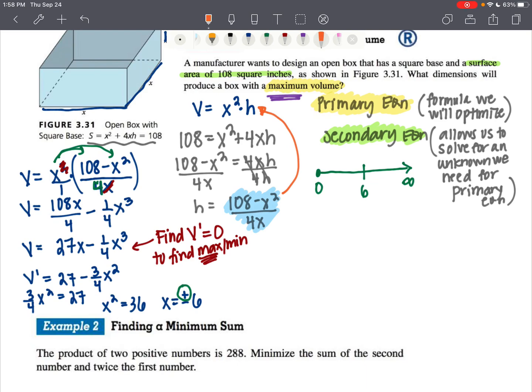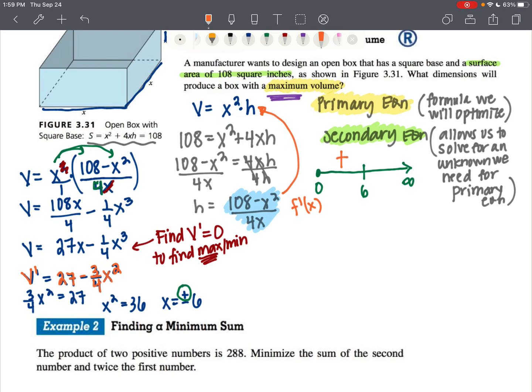So now what I need to do, remember, is my first derivative test. So I need to check a value between 0 and 6 and put it back into the first derivative and see if we have a positive or a negative. So when I put a 1 in for x, I get a positive.